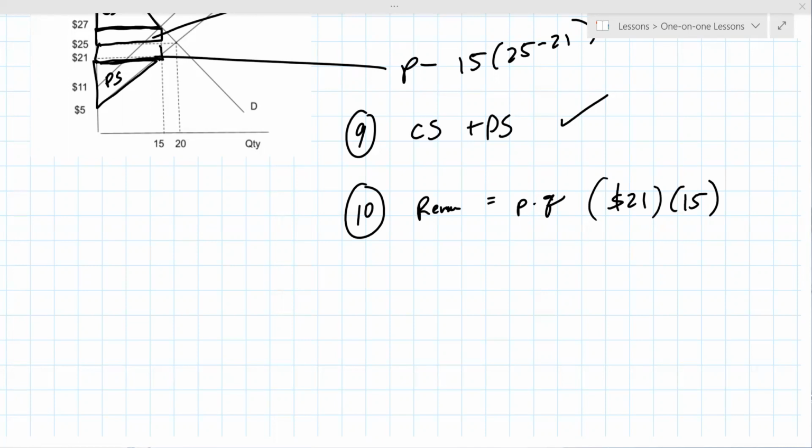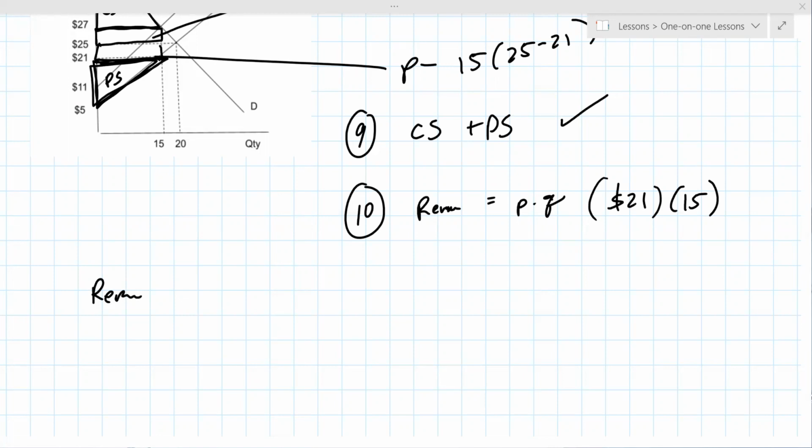Is that the last question on this? Yes. All right, well, started out strong, didn't end strong. The revenue could be this triangle down here, and that's what I'm not sure of. From what I see, it's the consumer surplus and producer surplus from the tax, just from that rectangle, the 21 to 27.